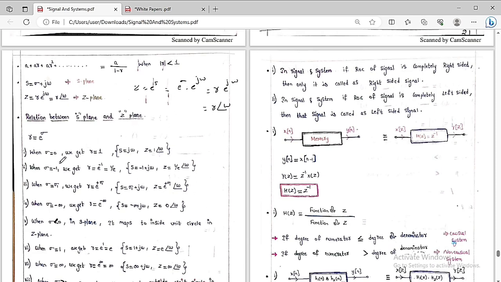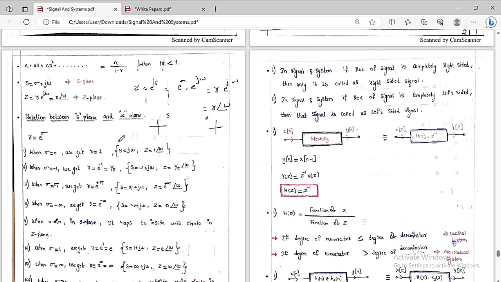Suppose sigma is equal to 0, meaning the imaginary axis. Suppose this is the S plane and this is the Z plane. If sigma is equal to 0, then R is equal to e to the power of 0, which is equal to 1.